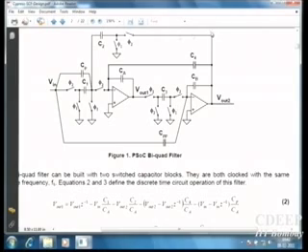V out 2 is one of the inputs coming by backward Euler. V in is one of the inputs coming directly by CP, and then V in again is another input coming by backward Euler. So if you look at the signal flow graph in your notebook, you just replace two of them by V in and one of them by V out 2. And this is the integrator. Therefore, you can write V out 1 versus V out 2 and V in easily.